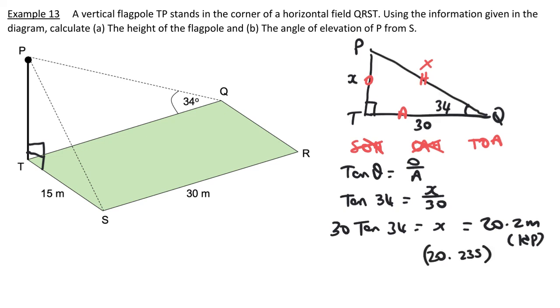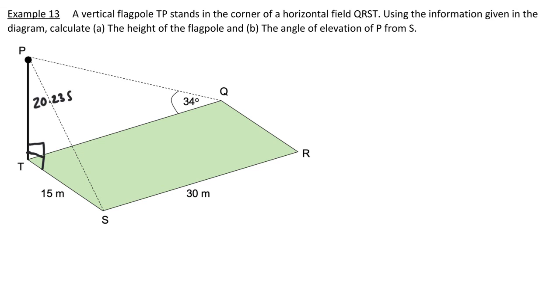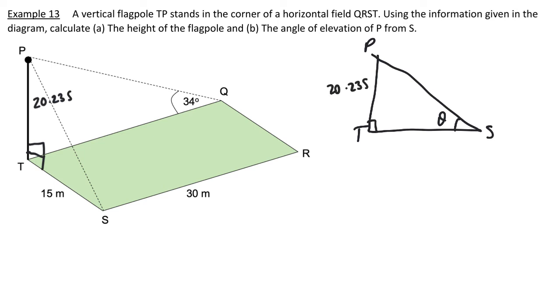So to work out the angle of elevation of P from S, we're going to consider the triangle PTS, and this is our angle of elevation. Now we've just worked out PT to be 20.235, and we know that TS is 15.